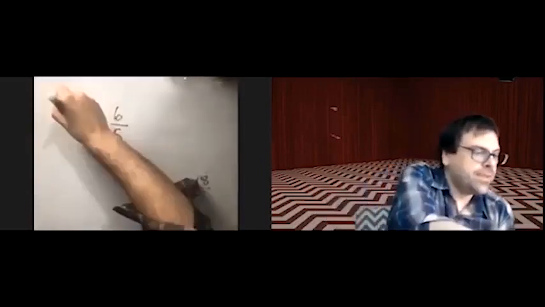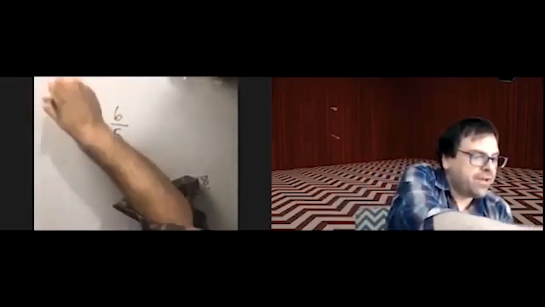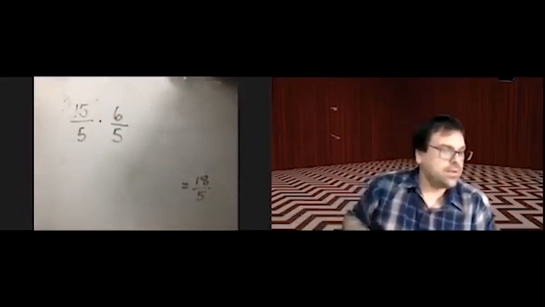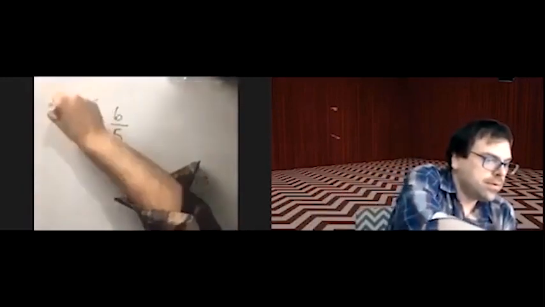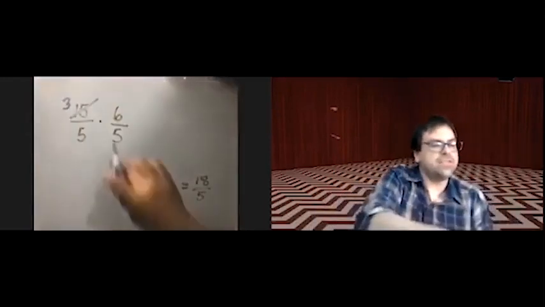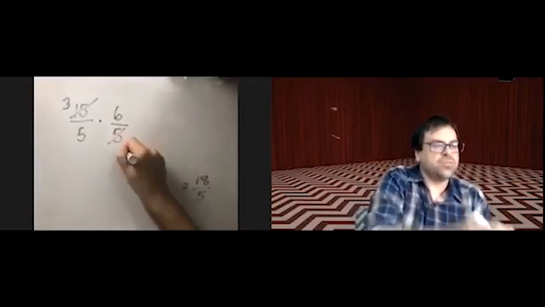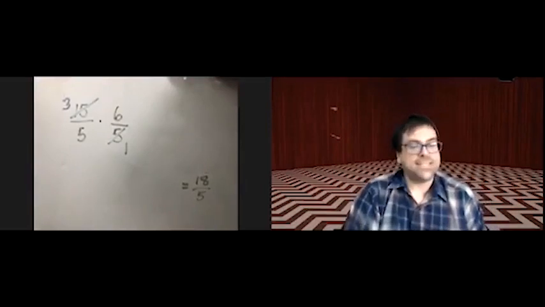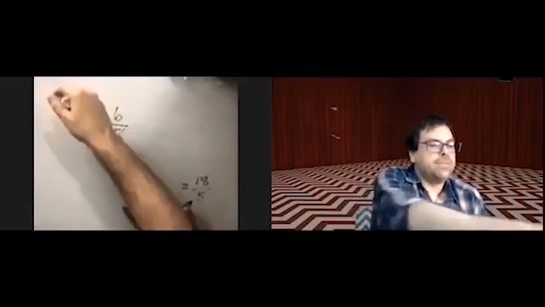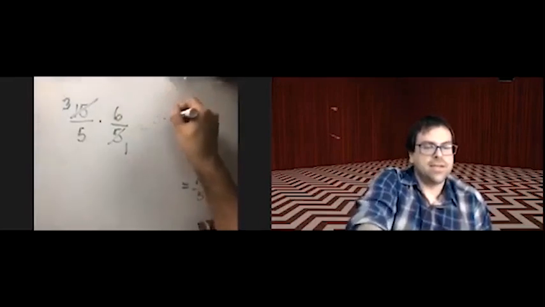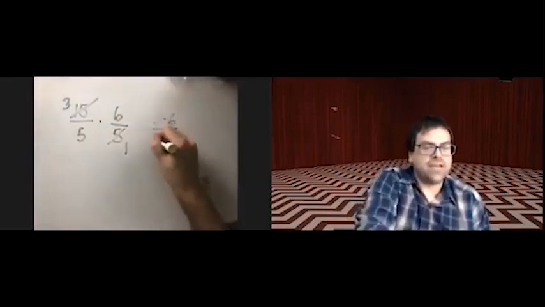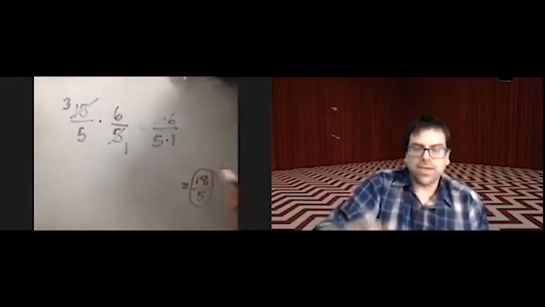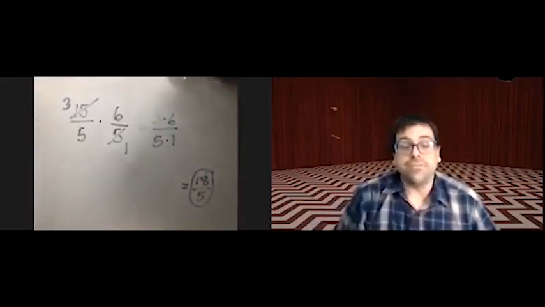We need to do one of them. 15 divided by 5 is 3. 5 divided by 5 is 1. Don't do both, though. One or the other. One of those 5s has to stay a 5 because 3 times 6 over 5 times 1, or 1 times 5, depending, is what gets us to our 18/5.